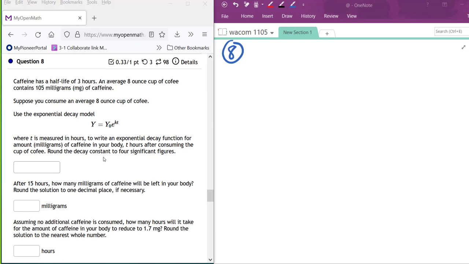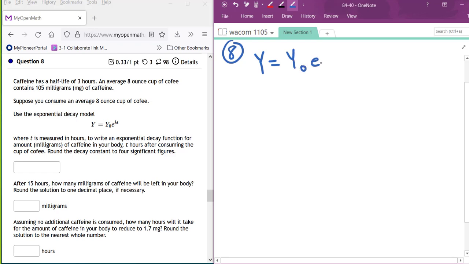So what we're going to find first is the k. So we have y equals y sub 0 e to the k t. Now, this y that's left divided by our initial amount is 50%, is what's left. So we need to divide that out and have 0.5.